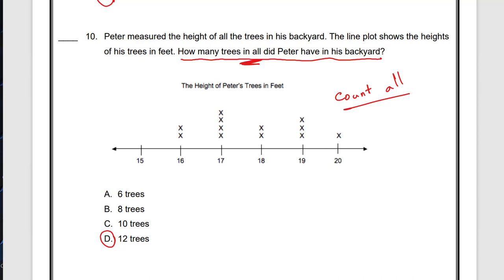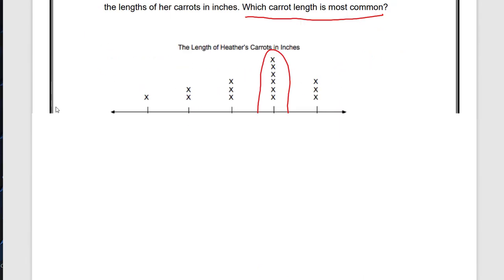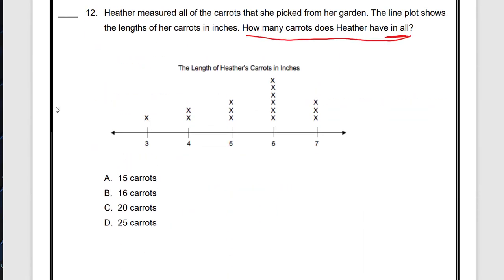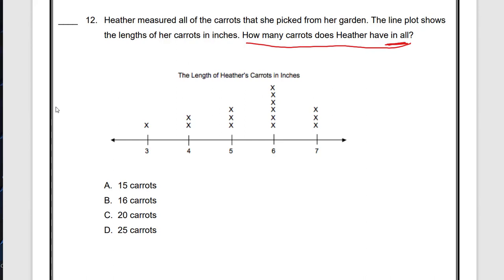Count all dots, all points. Let's count the points. Count them. This is the X. Yes, that's right. So the correct choice here is 15 carrots.